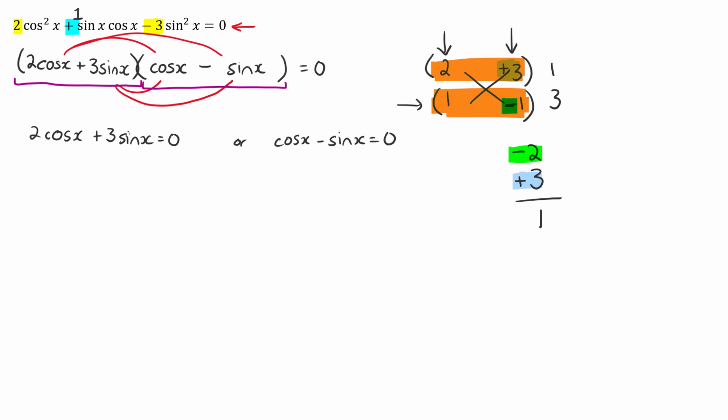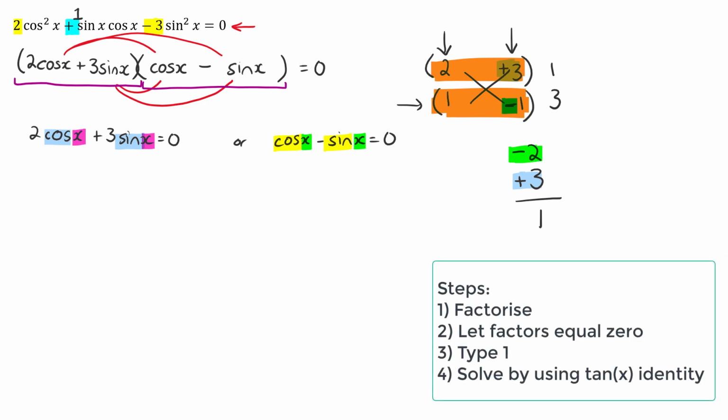Do you also see now we've got different ratios, same angle in both of them? Different ratios, same angle. And so because of that, we then know that this is an example of type 1. And in type 1, we would firstly get sine by itself. So move the cos over in this equation over here. And so it would become 3 sine x equals minus 2 cos x.